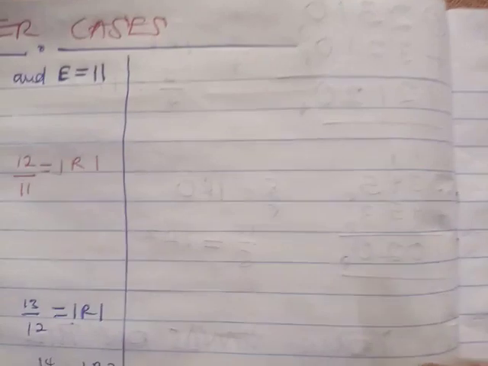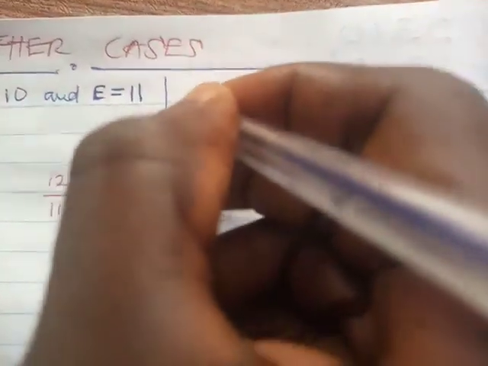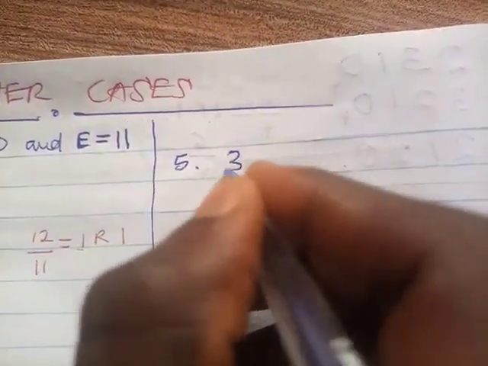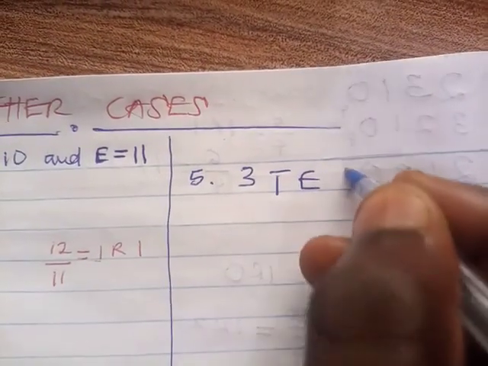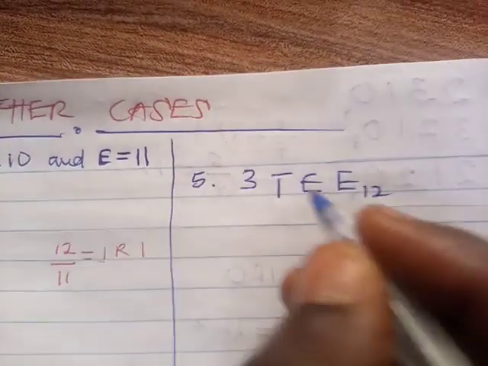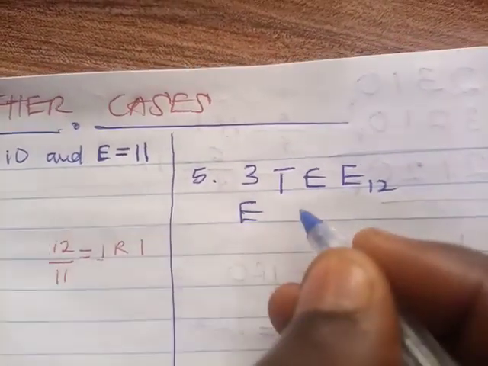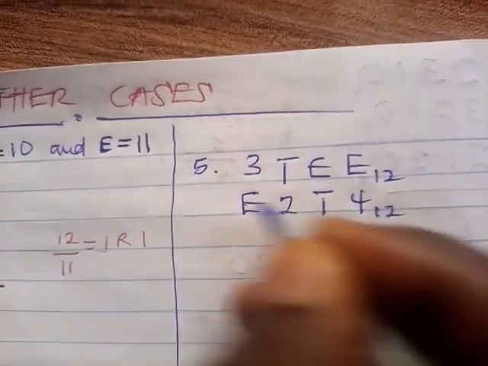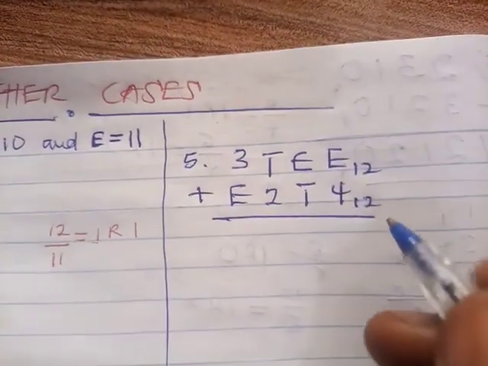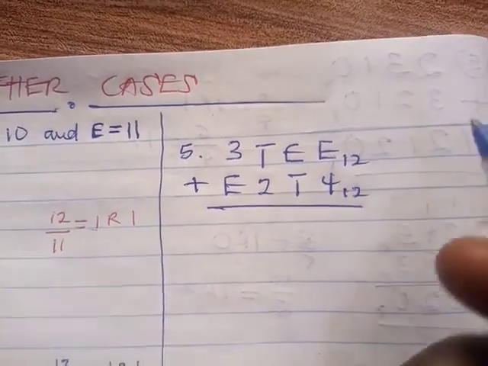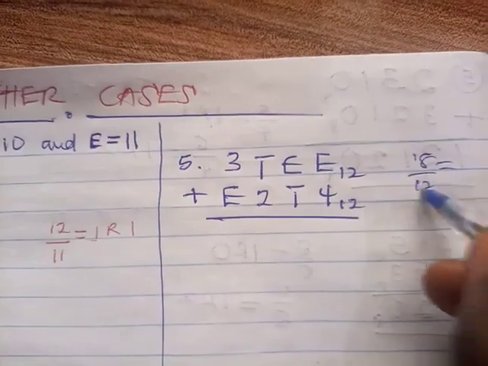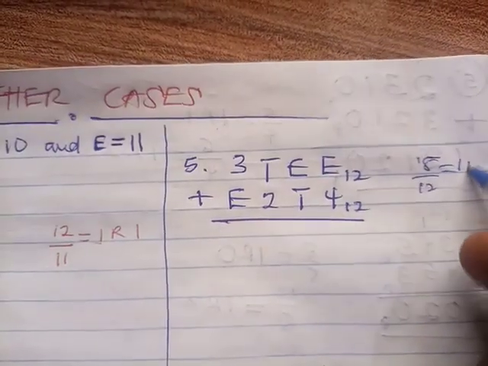The next example we'll be looking at, let's say example 5. Let's look at 3te base 12 and e2t4 base 12. 11 plus 4 is 15. 15 on 12. 12 goes into 15 one time, remainder 3.